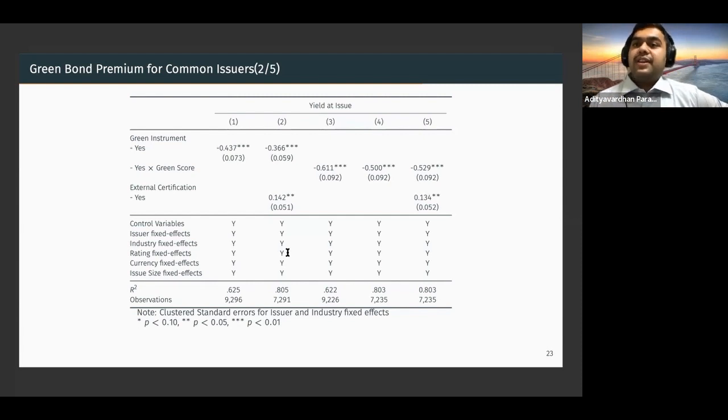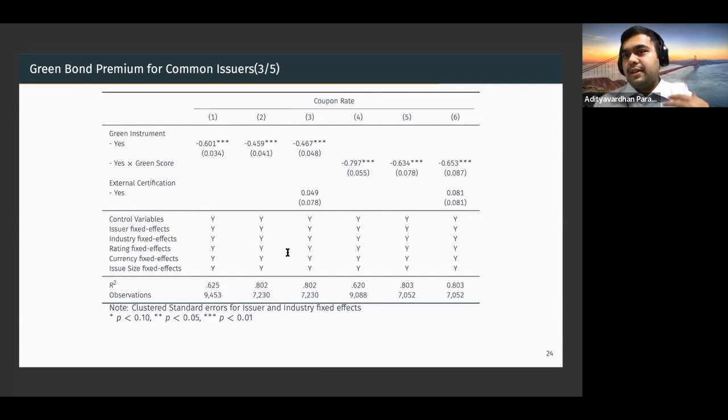So we find that for common issuers, we have lower yields for green bonds and lower yields for greener bonds. So both cases exist here. An important point is that we have included various control variables as well as issuer fixed effects to isolate the individual impact of issuer-specific effects in this equation. So, next slide.